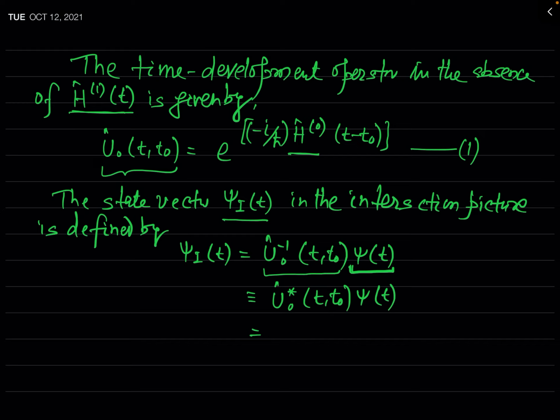In the definition there is minus I by h bar, and when you take its complex conjugate, this will be plus I by h bar, and other things remain the same: e raised to the power plus I by h bar, H hat naught times t minus t naught, psi of t.